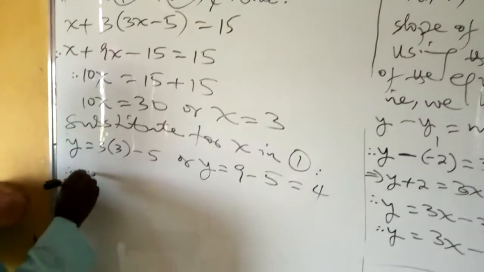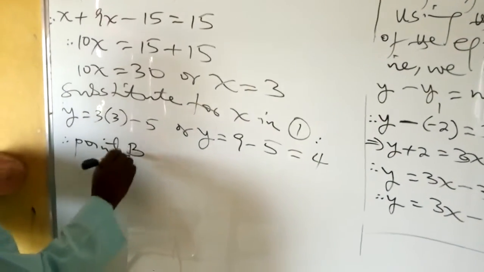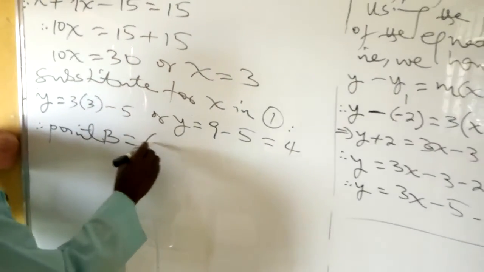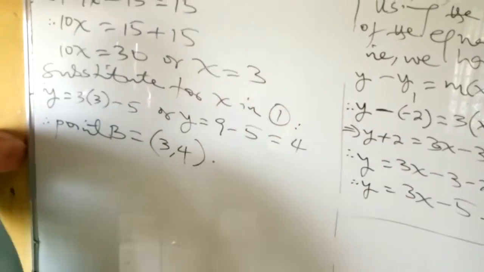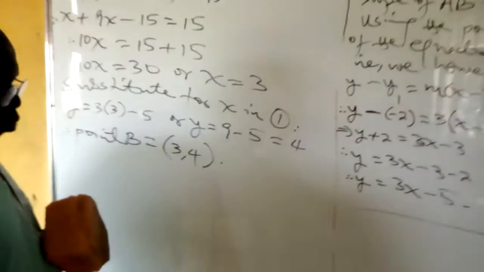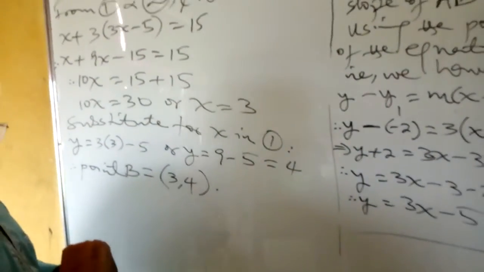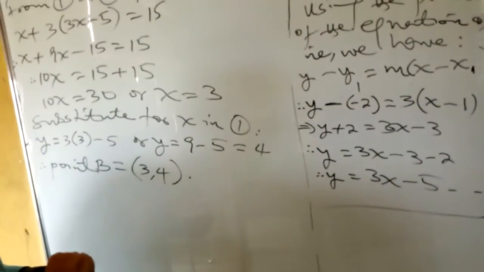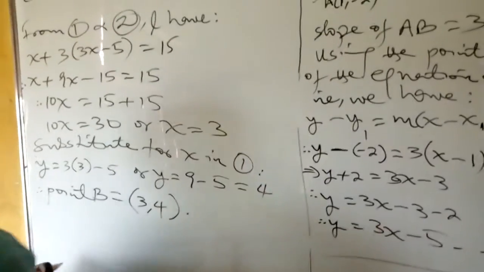Hence, point B is equal to (3, 4). These are my coordinates of point B. So we are done with Roman figure 3. We go to Roman figure 4.